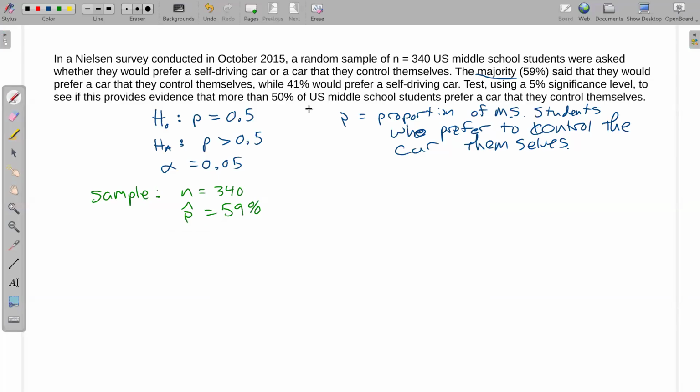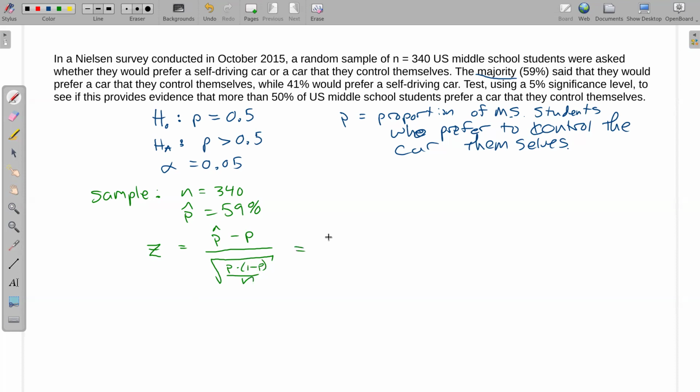What does it mean to apply the central limit theorem? It means that we're going to calculate a z-score and then use that z-score to find the probability. The z-score is always going to be p hat minus p divided by the standard error. According to the central limit theorem, the standard error is the square root of p times 1 minus p over n.